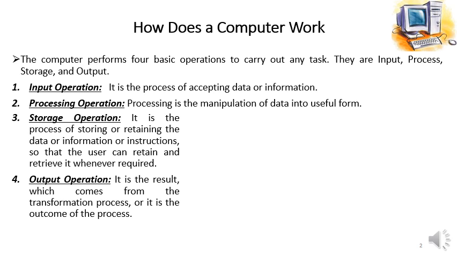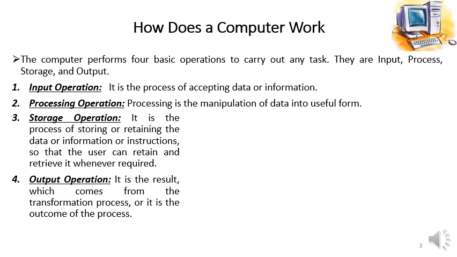If you want to input voice, we use the input device microphone. And for processing, the CPU, central processing unit, or the microprocessor is used. For storage operation, we use the hard disk space and other secondary storage devices.